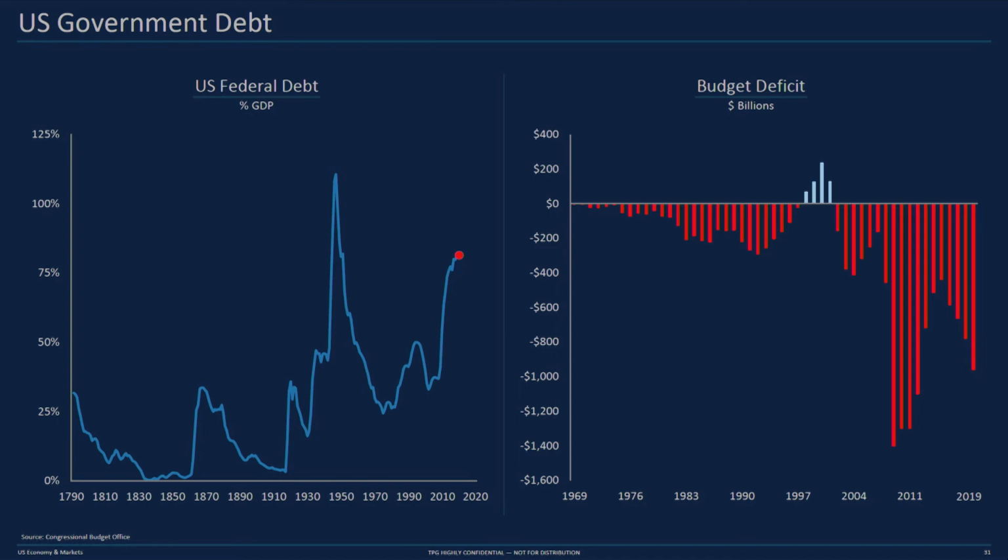Another big secular issue to think about, particularly in the US economy, is the US government has run up the highest debt level as a percentage of GDP we've seen since we had to make tanks and artillery for World War II, despite being in the 11th year of a great expansion.